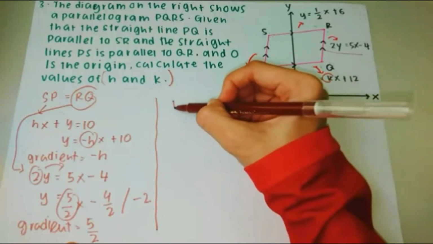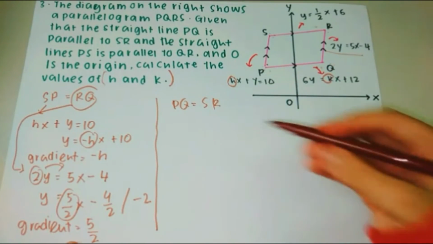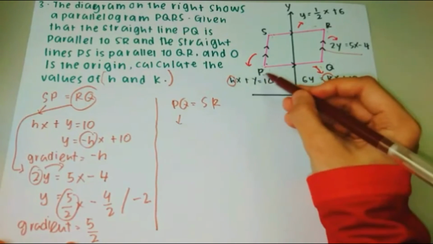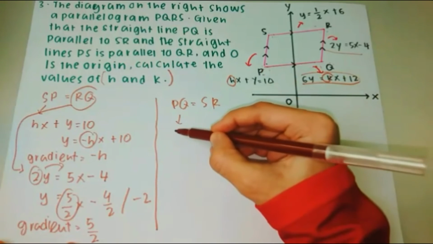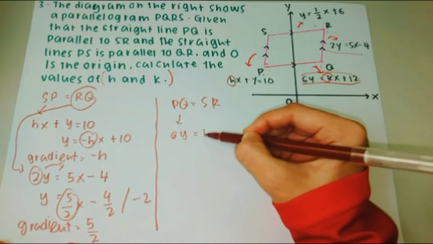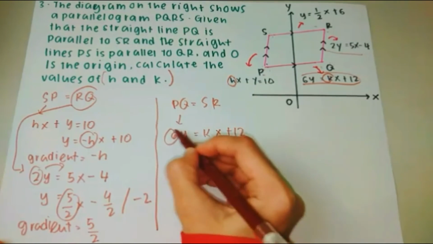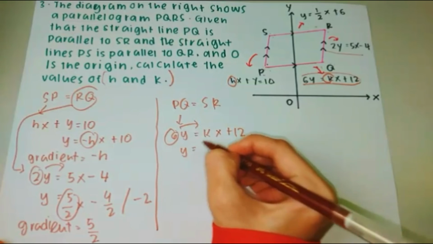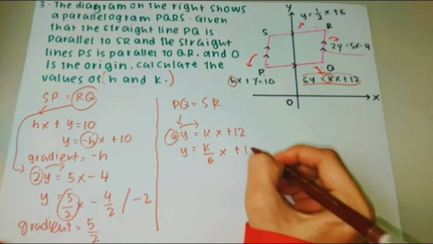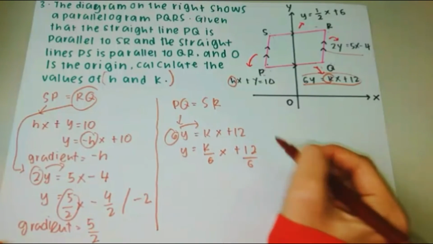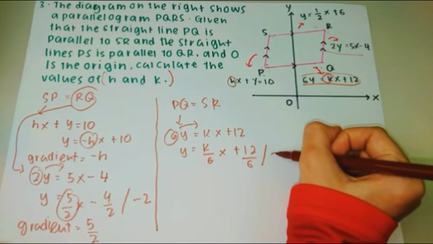Next, we have to write PQ equal to SR. Equation PQ is 6y equal to kx plus 12. We have to bring the 6 to the back, and it will be y equal to k over 6 x plus 12 over 6. We can divide the 12 over 6, and it will be 2.